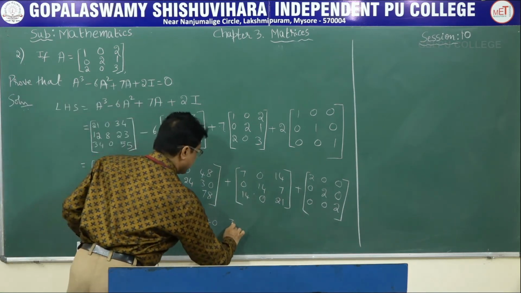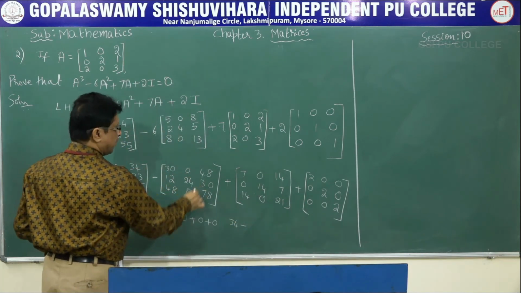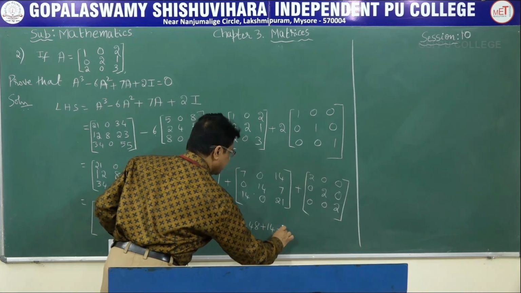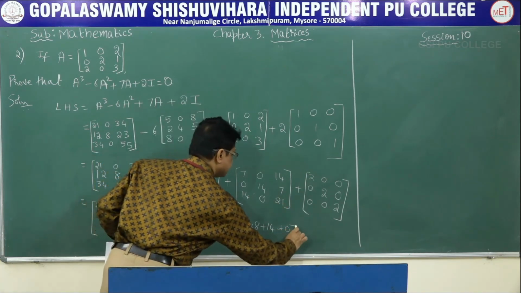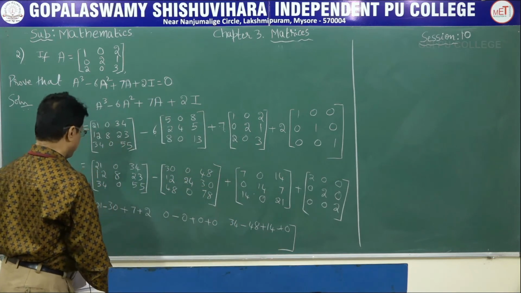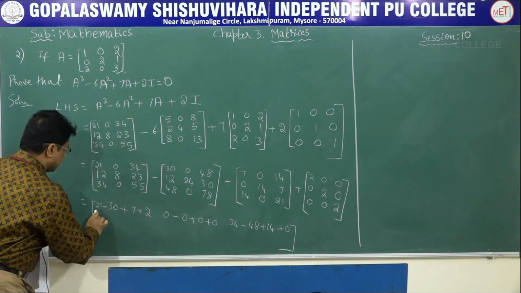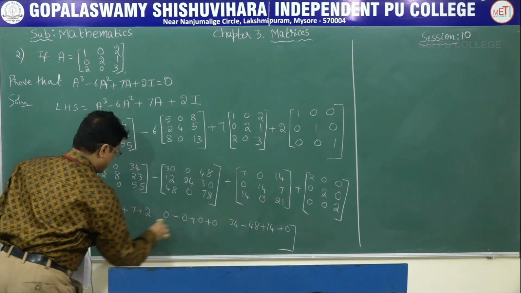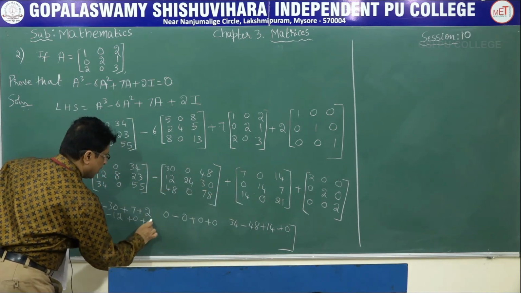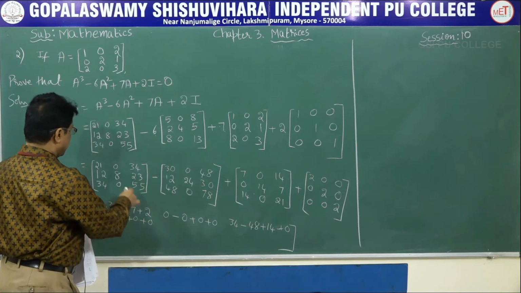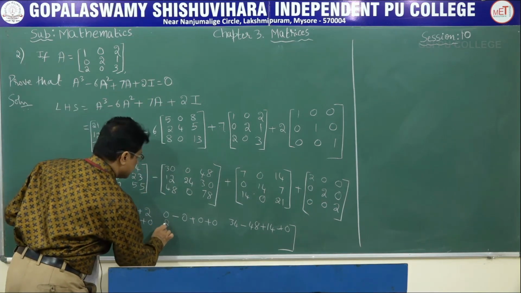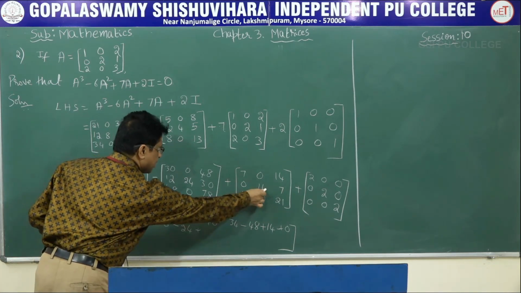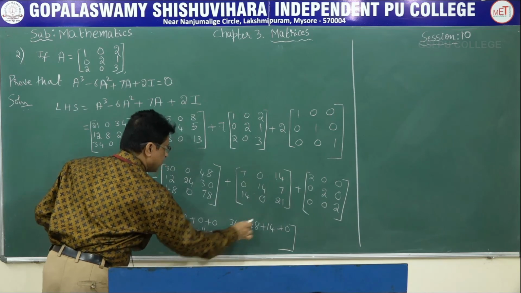Next will be 34 minus 48 plus 14 plus 0. Next row, 12 minus 12 plus 0 plus 0. Next element is 8 minus 24 plus 14 plus 2.